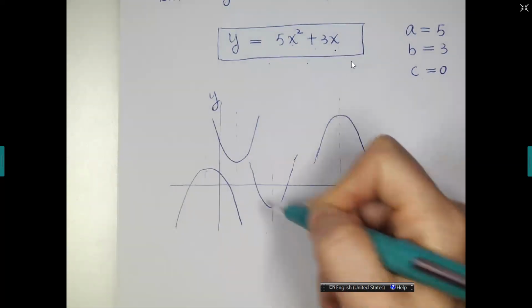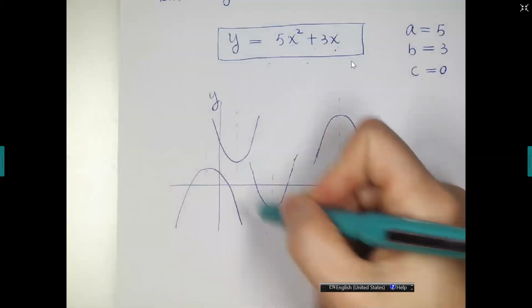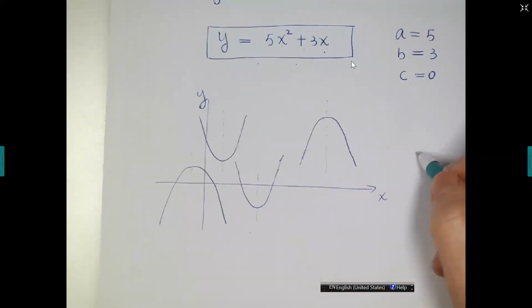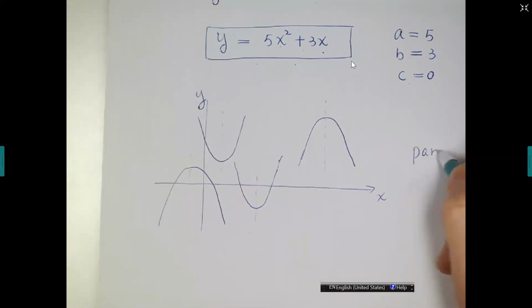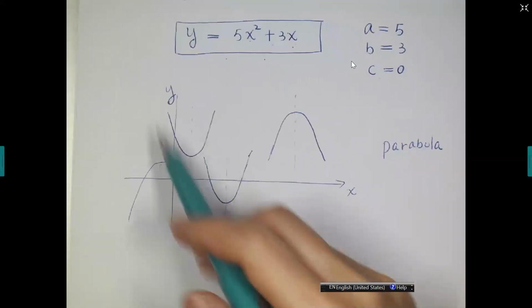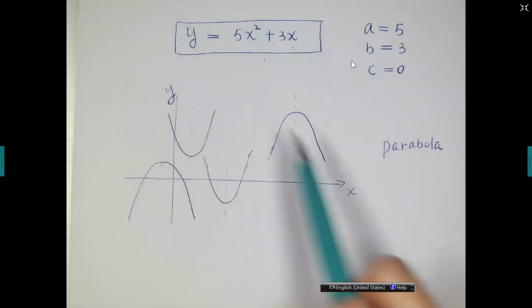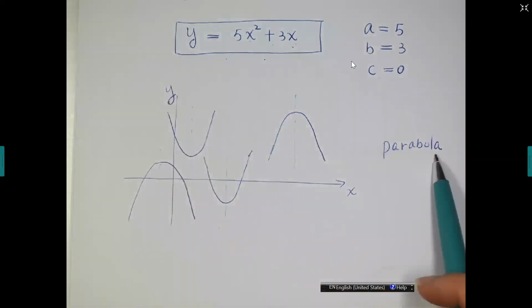First, we know the graph that we see now has a special name. For any quadratic equation, the curves are all called parabolas.